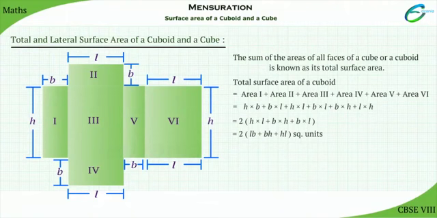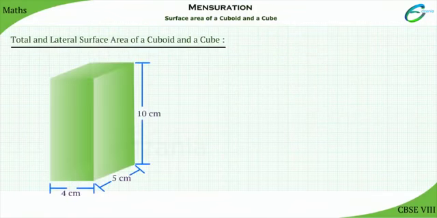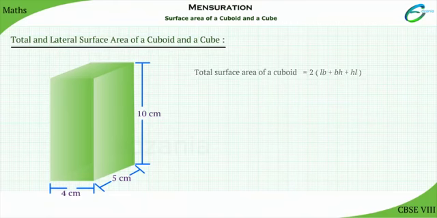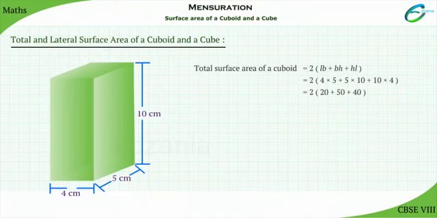By simplifying, we get the total surface area of a cuboid like this. Suppose the height, length, and breadth of the box is shown here. Then, the total surface area of the box is equal to 220 centimeters square.